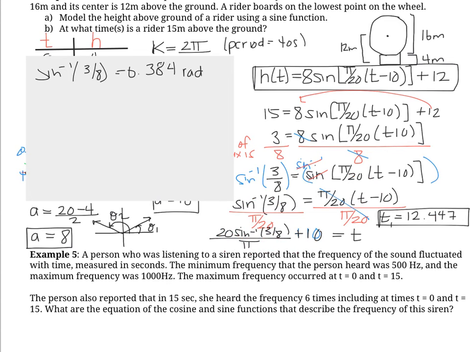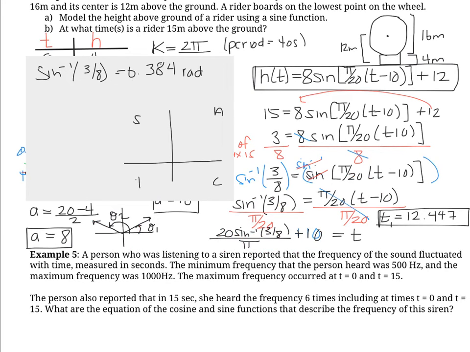So that's the number that our calculator put in right here. But actually, there's more than one answer to this question. This 0.38 radians is this guy right here, which means over here must also be 0.384 radians.